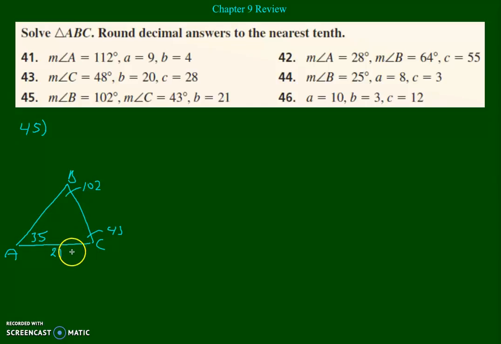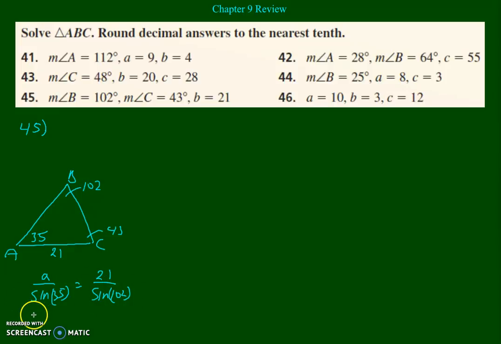All right. Now let's go ahead and use law of sines to find one of these sides. These are both acute angles, so let's go ahead and find side A first. So A over sine 35 equals B, which is 21, over sine 102.